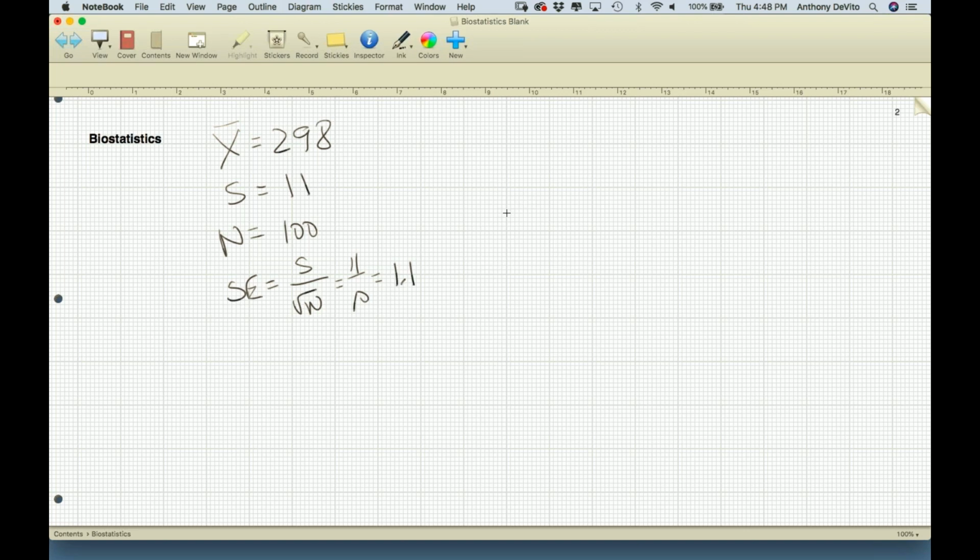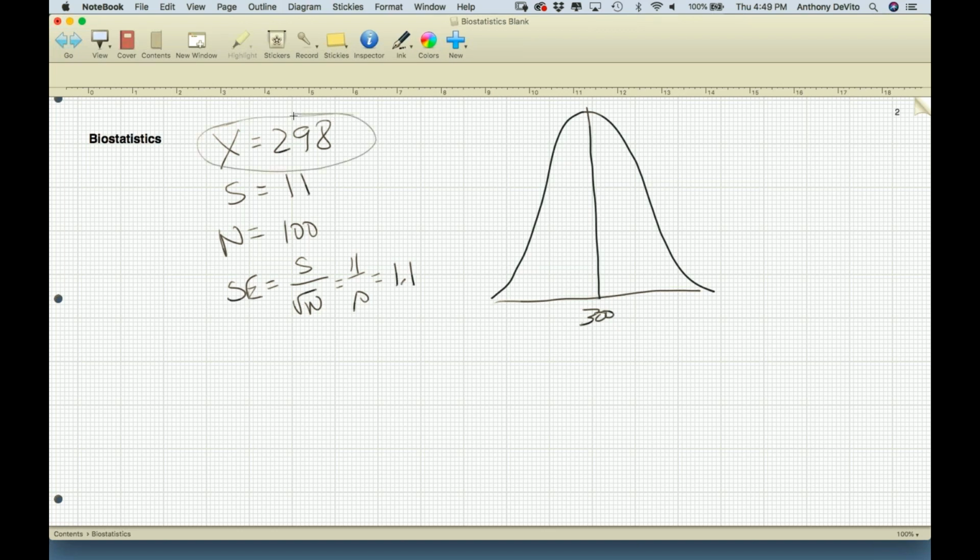Let's say we knew that the true mean was 300. What's the probability that we would have gotten a value as extreme as 298 if we took a sample from this population?